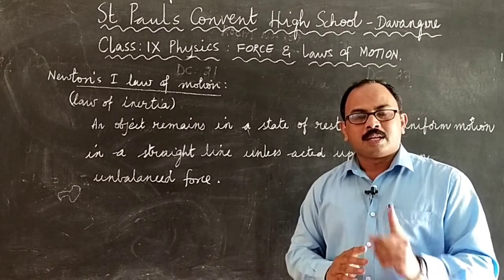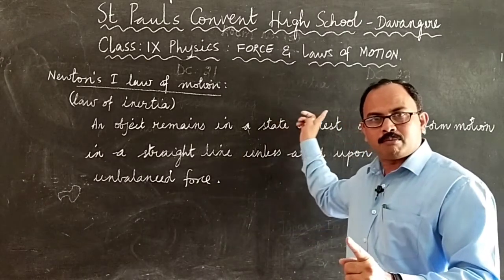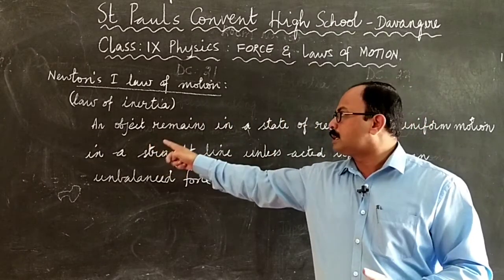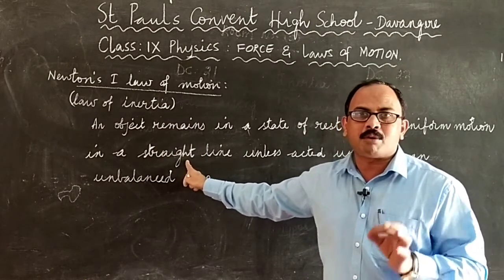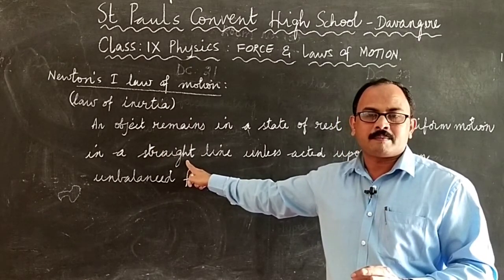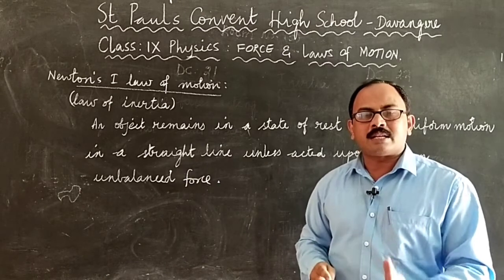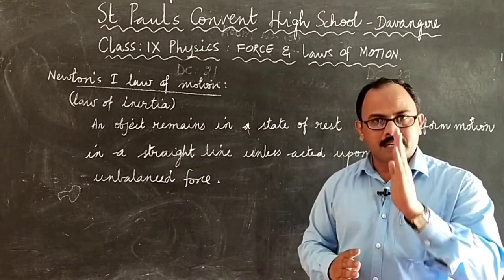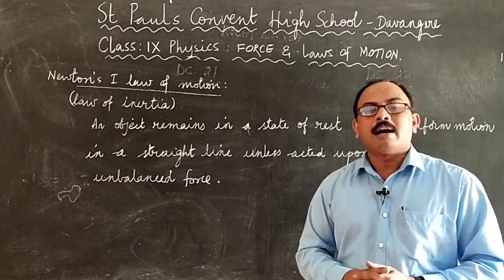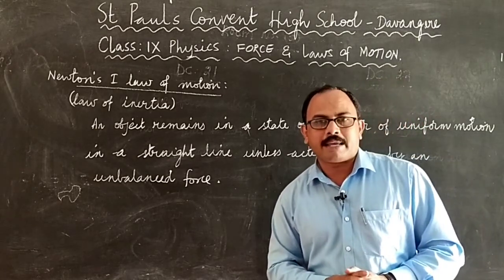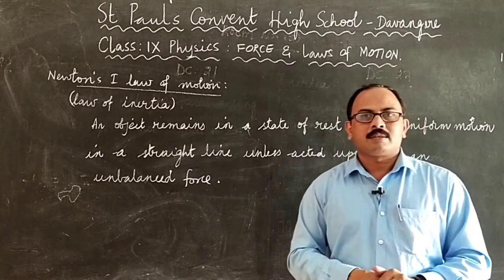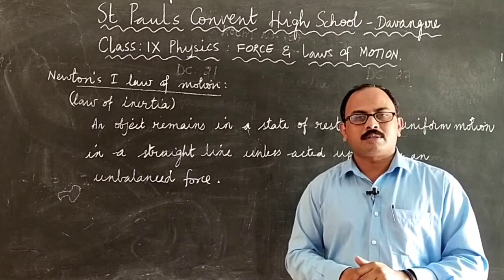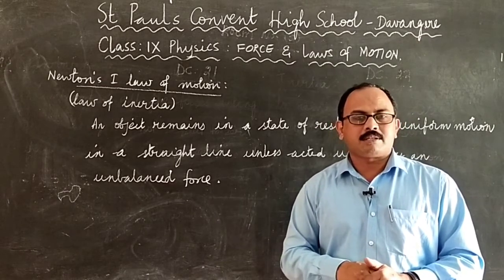If the object is in uniform motion, then it will continue to be in its uniform motion along a straight line. This is an important point to remember. If it is at rest, it will remain at rest. If it is in uniform motion, it will continue its uniform motion in the same direction, unless acted upon by an unbalanced force. This is regarding Newton's first law. You have to learn this.